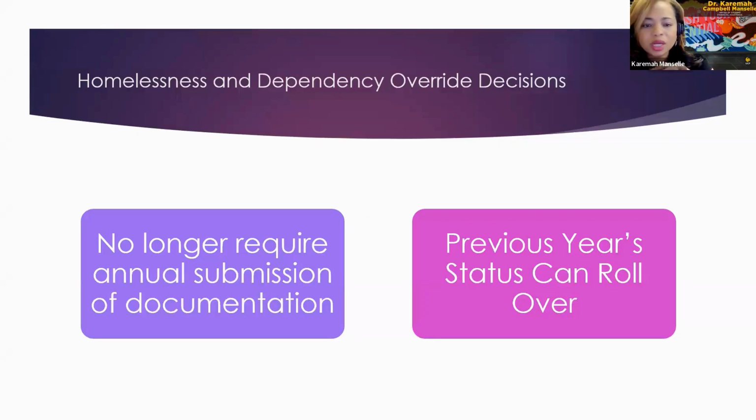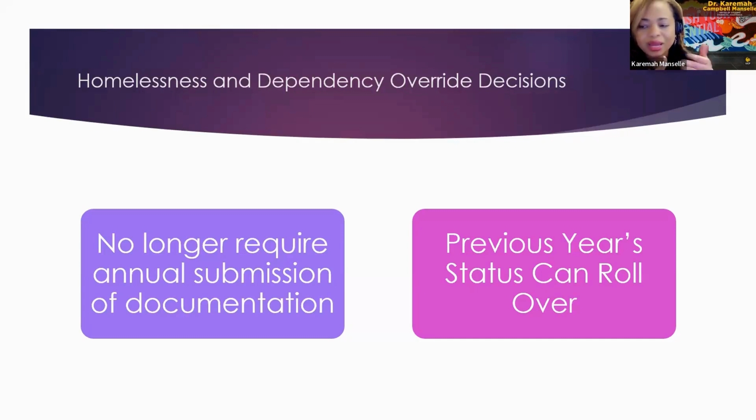I also wanted to make note that for our students who have unique and special circumstances, and I'll talk about those in a moment, in the past, when a student was deemed homeless, or if a dependency override decision was granted, meaning that a student could not answer the dependency questions on the FAFSA as yes, but the student had an unusual circumstance in which their dependency was overridden to independent, the student had to do these processes annually.